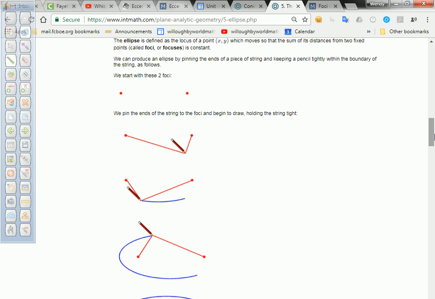And these 2 points are not the center, they're actually called foci. And so if I took a constant length right here, and so that this doesn't change, this plus this is going to be a constant no matter how I move it around. What it creates is an ellipse.